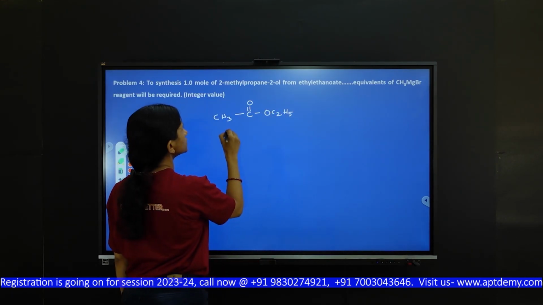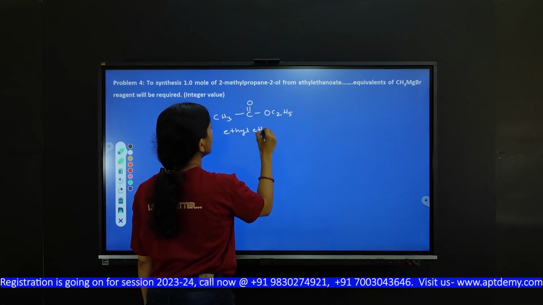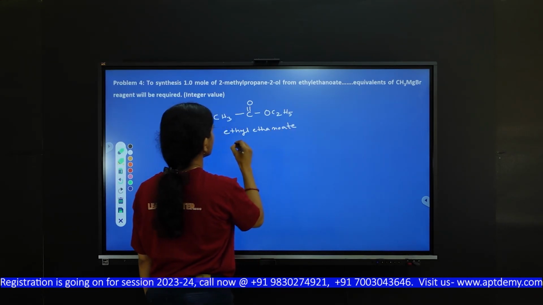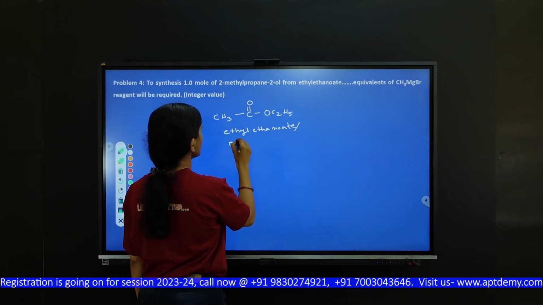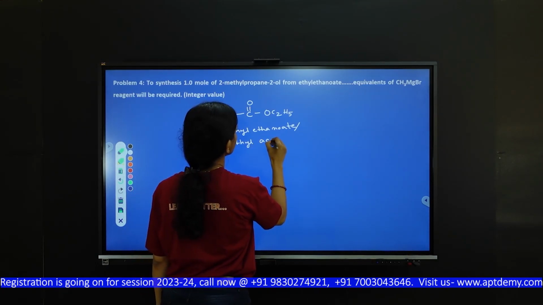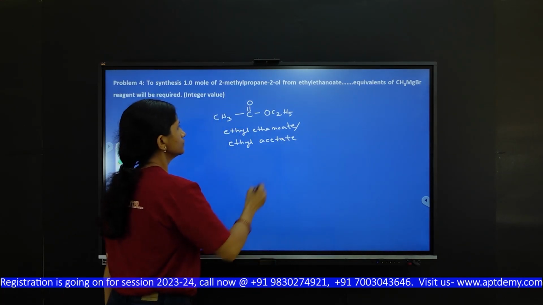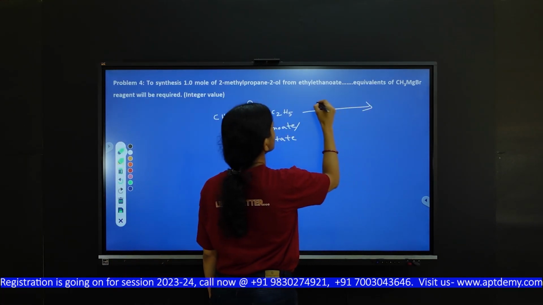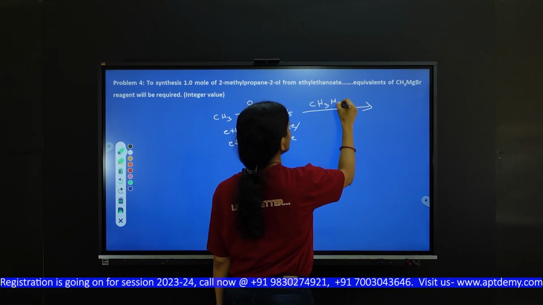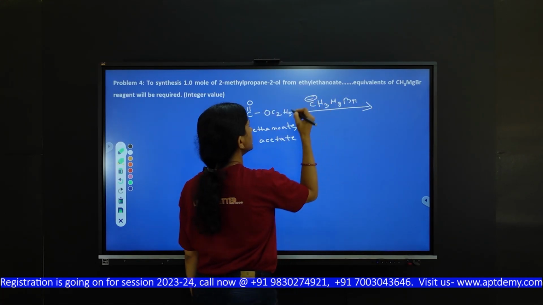This is called ethyl ethanoate or ethyl acetate, right? Now, if it is reacting with the first equivalent of CH3MgBr reagent, how will the reaction take place?